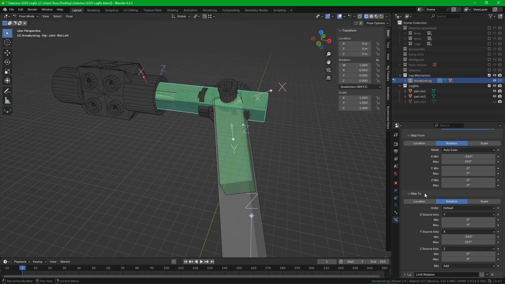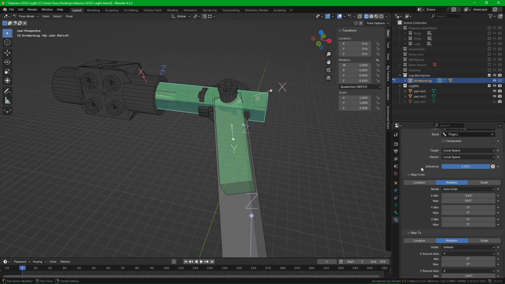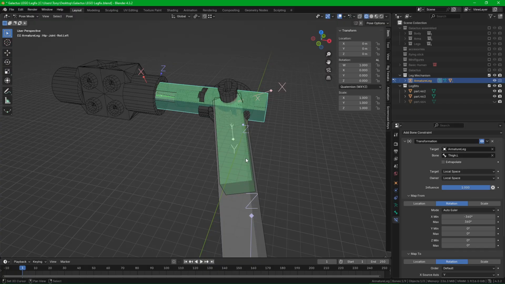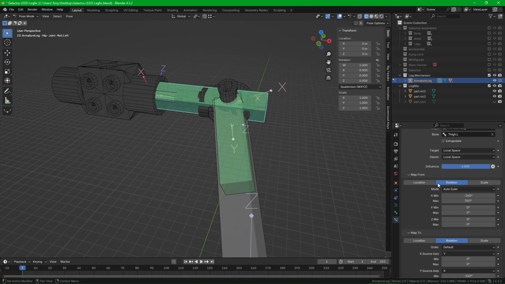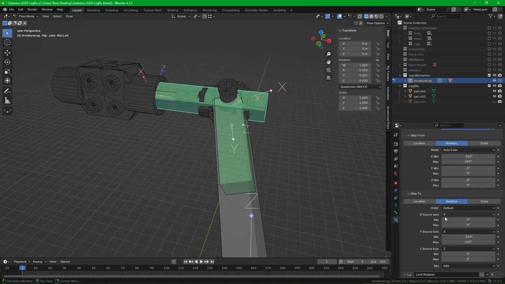It says map to, as in whatever bone has this transformation applied on it, right? It's saying the target, the thigh bone, what am I looking at? What am I mapping from? The x-axis, as we've said, that's the bone that it goes across, and then you go down here and you say map to, and again, it doesn't have to be rotation.